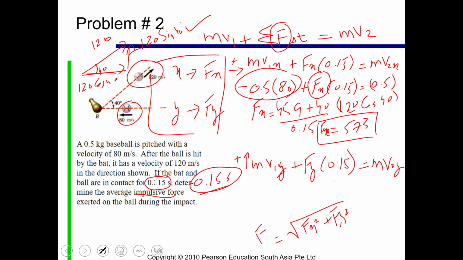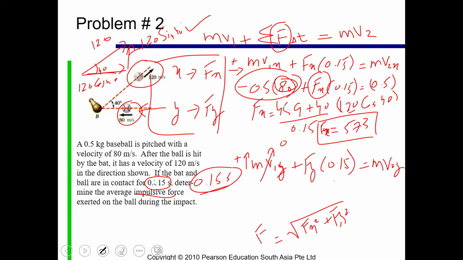This is coming in the x direction only, right? When the ball is moving with 80 meters per second, it's only in the x direction, so there is no component, which means this is 0. And Fy times 0.15 will remain the same.